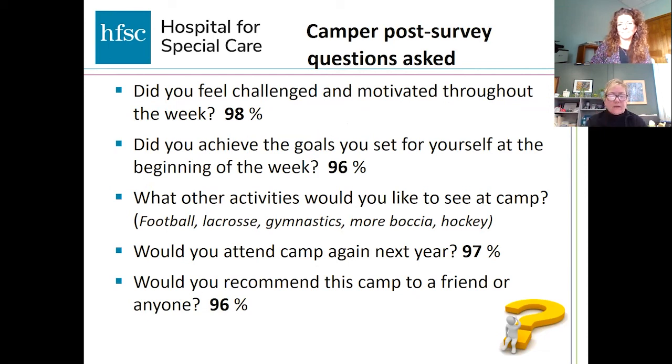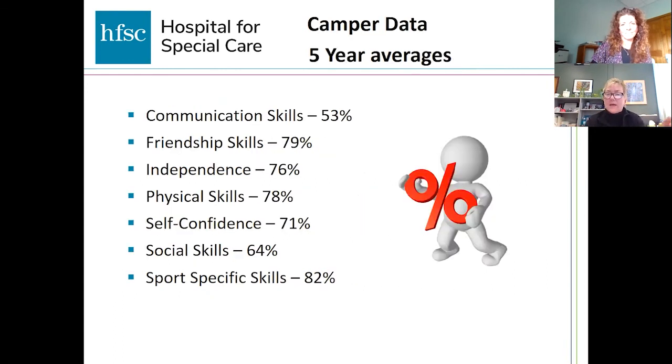Again, here is some rough data as it relates to some of the post-survey questions: feeling challenged, motivated, feeling that the campers are achieving their goals, would they come to camp next year, would they recommend camp to a friend or anyone. And look at these numbers, folks, 90s.